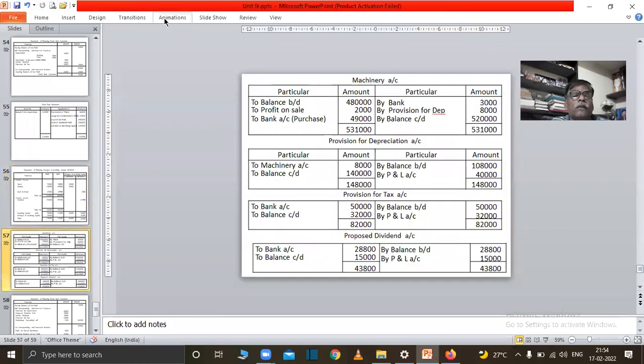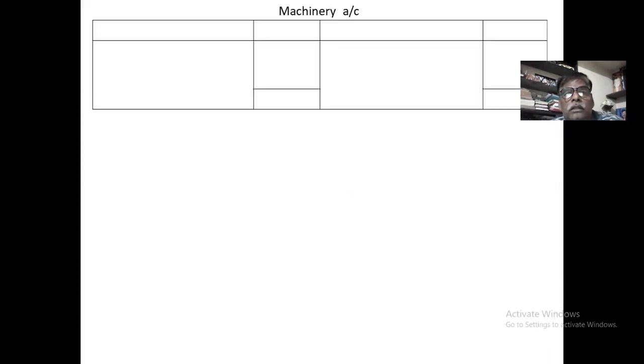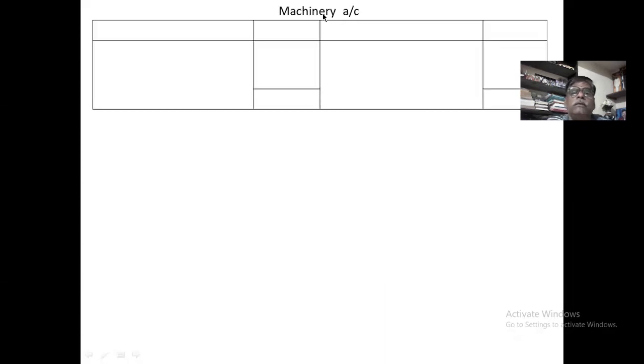Okay. So in the required account, first we prepare the machinery account, plant fixed asset account. Okay. Okay, now you see the account, that is the fixed asset account.